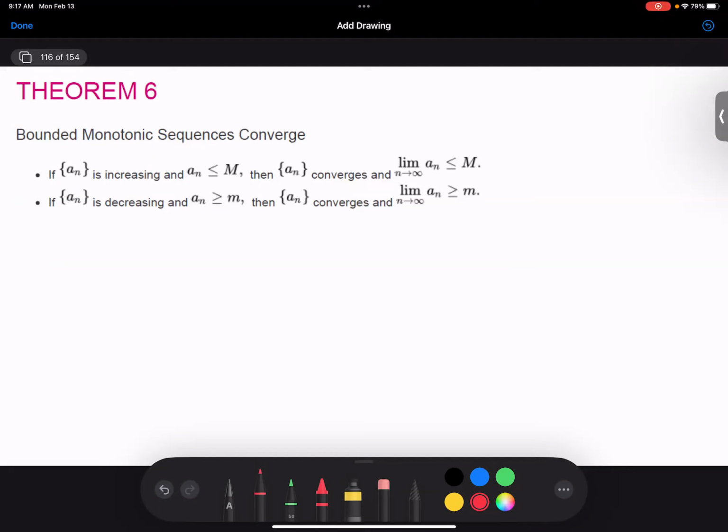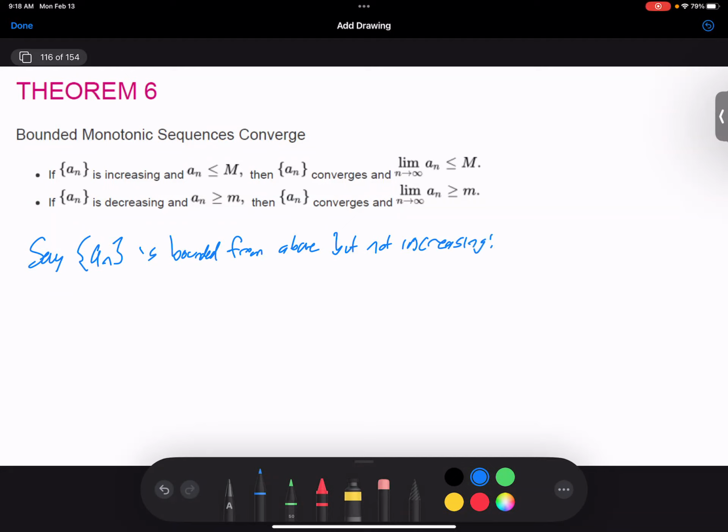So let's imagine we remove the fact that it's increasing. So let's say the sequence a_n is bounded from above, but not increasing. Does it have to, what do you think?